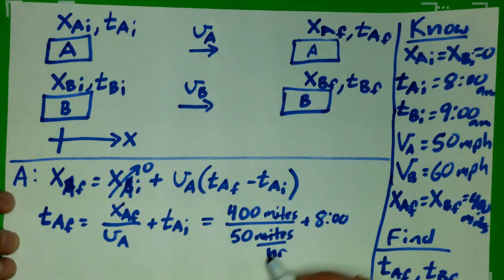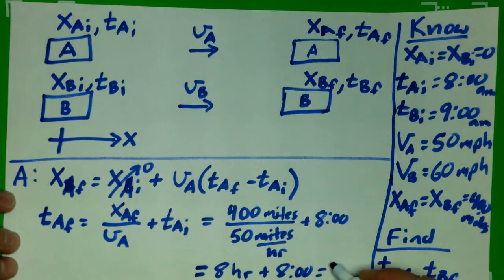The miles cancel, the hours in the denominator of the denominator, meaning it flips to the top. So 400 divided by 50 is 8, and so the answer here is going to be 8 hours plus 8 o'clock, which gives us 1600 hours, or 4 o'clock in the afternoon, 4 p.m.